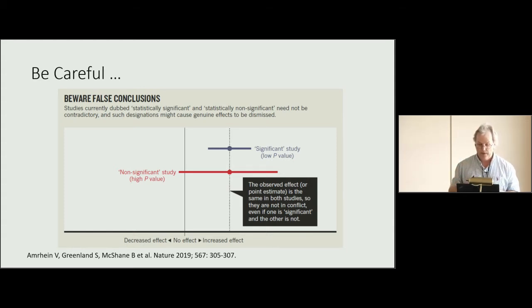But the observed effect, the point estimate, is the same in both studies. So these two studies don't contradict each other. They're not at odds. They have the same point estimate, just that one is less variable than the other, right?